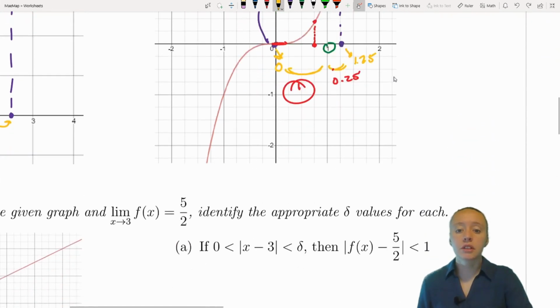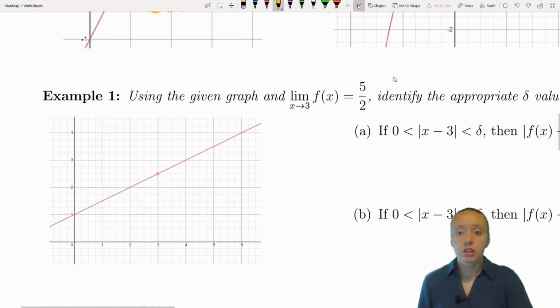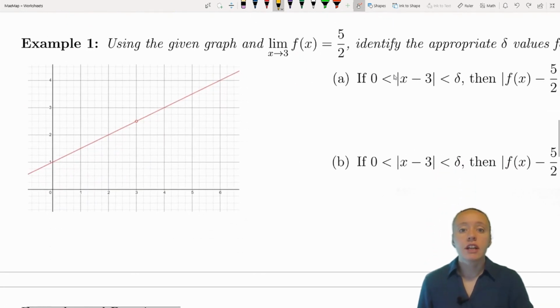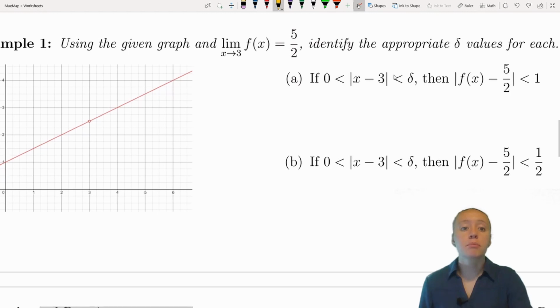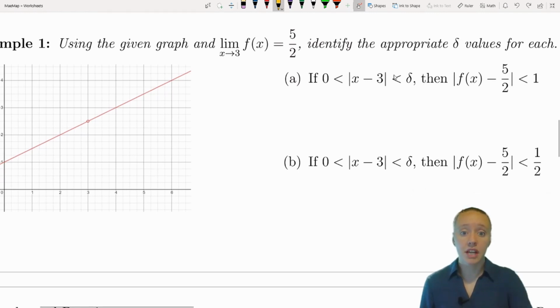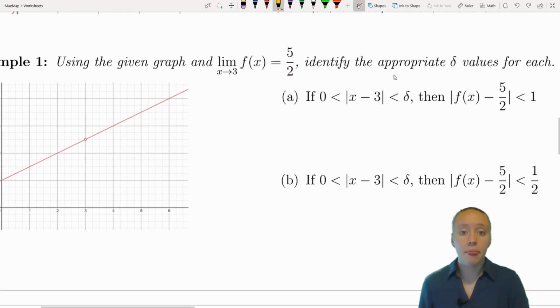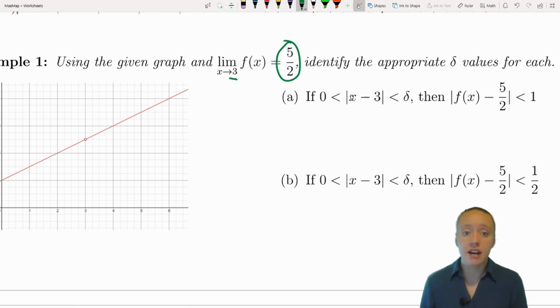So let's continue on to our first example. It says, using the given graph and the limit of f of x as x approaches 3 equals 5/2, 2.5, we're going to identify the appropriate delta value for each. So this is what we're given. We know that our A value is 3 and our L value is 5/2, which I've already filled in. 0 is less than the absolute value of x minus 3.